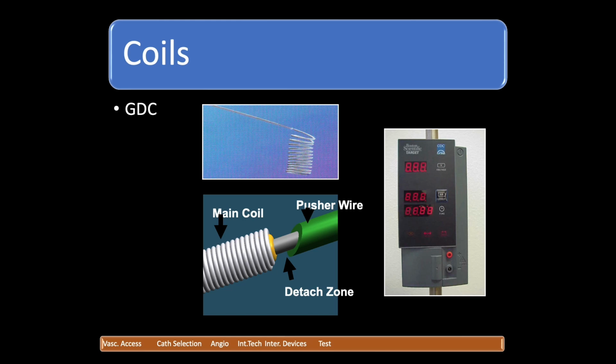That is one of the major innovations that has taken place in this field. This soldering material can be electrolyzed and detached. When you are satisfied, you connect to a chamber like this, so the current will pass through. It will get detached and fall inside the aneurysm. So you start with that.